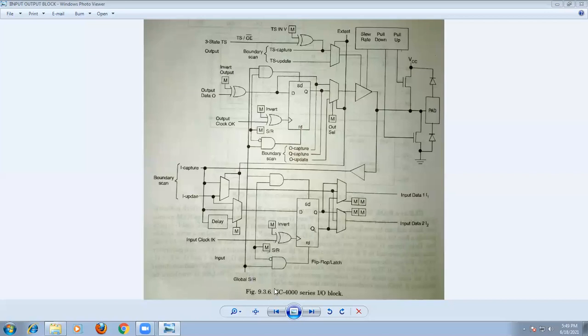Similarly, we have pull-up and pull-down resistors. This is the pull-up resistor, and this behaves like a pull-down resistor. These pull-up and pull-down resistors are available in the 4000K series.